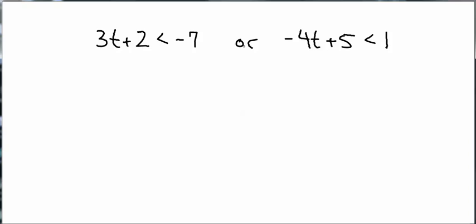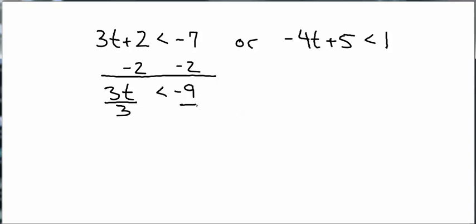If it's an or statement inequality, you just have to solve them both. So you subtract 2 from each side over here. 3t is less than negative 9. Divide by 3. T is less than negative 3. Or, bring down your or.